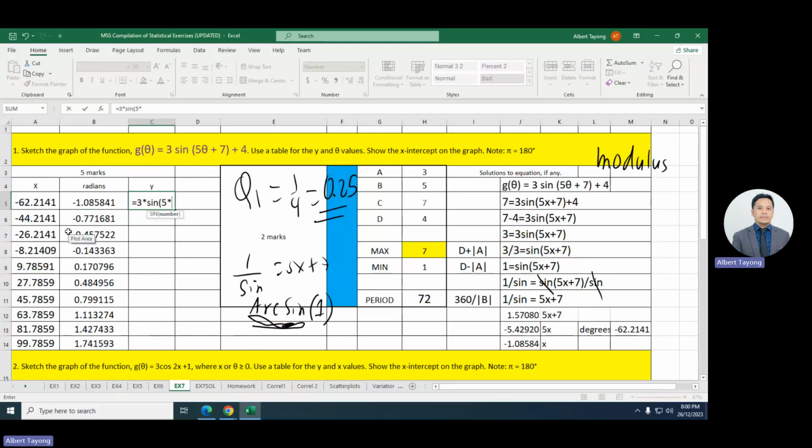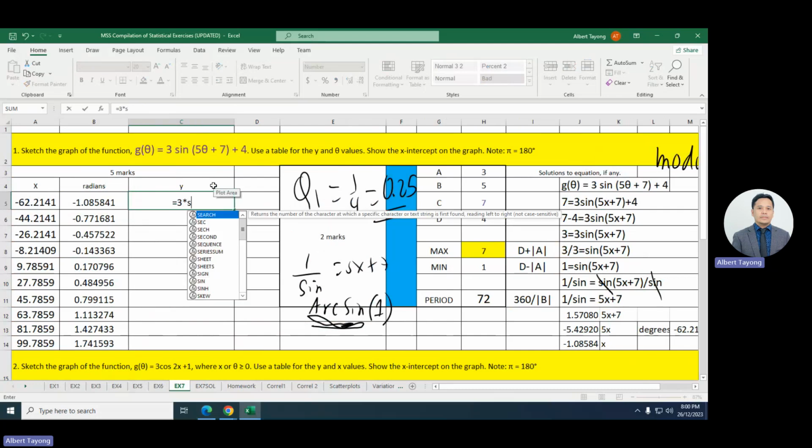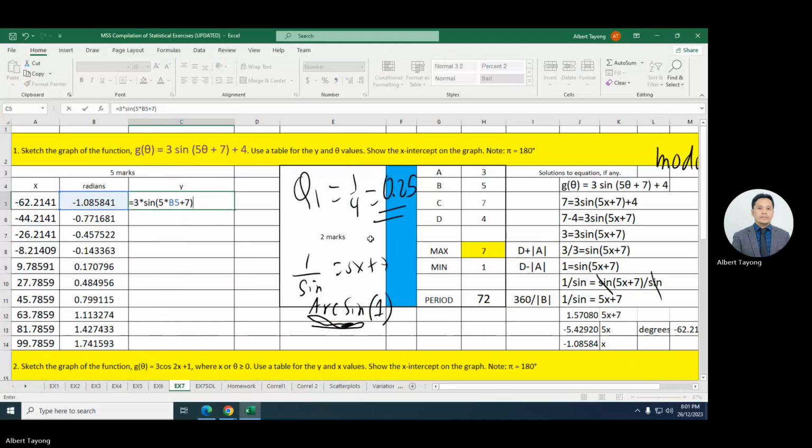Guys, the theta is the radian. Let me have a space here so you can see. Equals 3 multiply sine, open, 5 multiply the radian first. Plus what? Plus 4. So what's the answer?